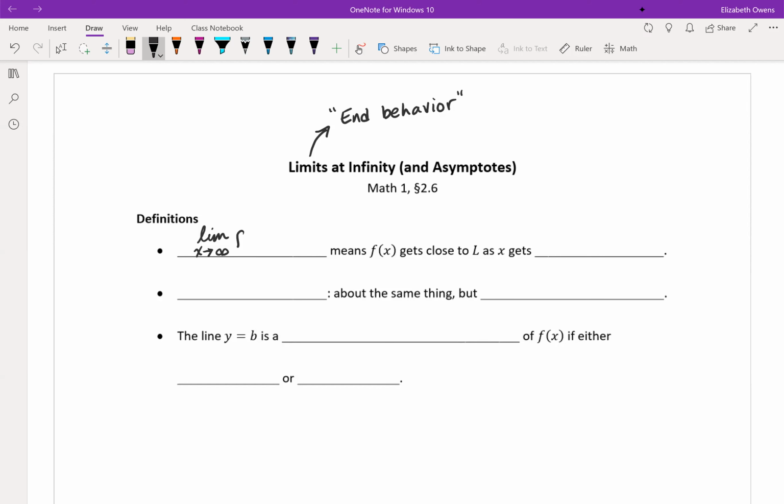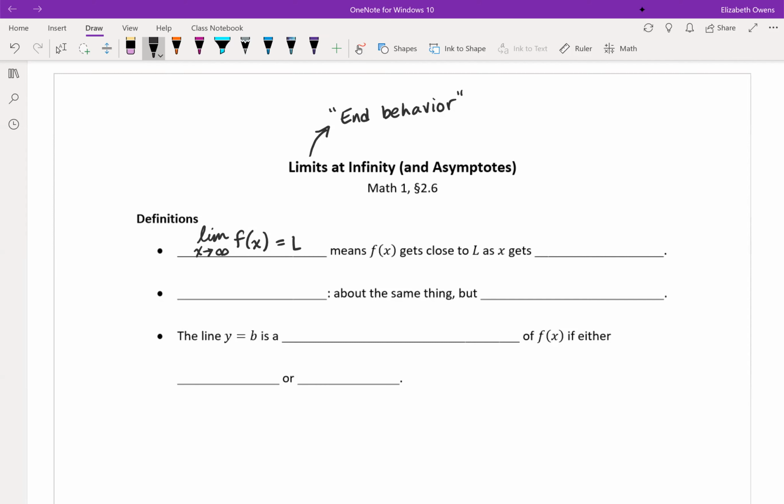Okay, so if we have the limit as x approaches infinity of f of x equals L, this means that f of x gets close to L as x gets, usually in our limit definitions where it's x approaches c, we would say as x gets close to c.